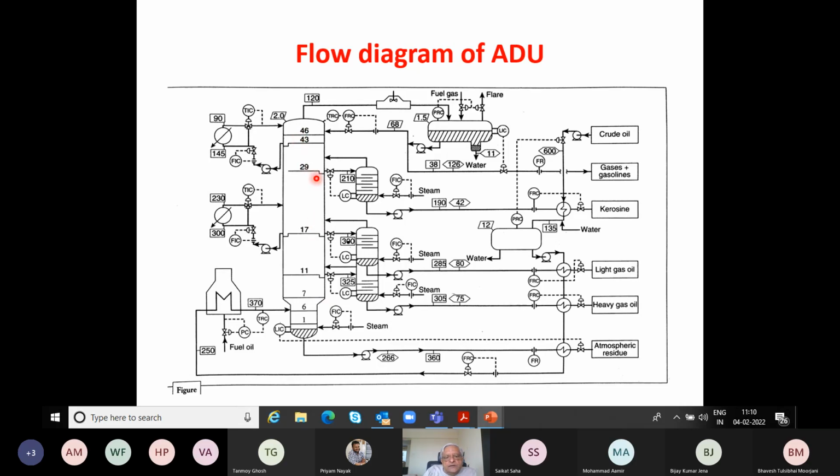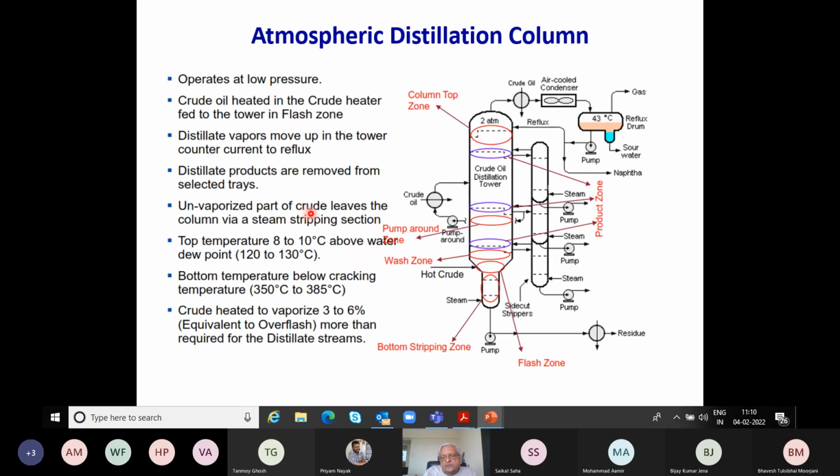And then I told you how this crude column is different as compared to the columns that you have studied in the mass transfer courses you have taken in your undergraduate class. In order to explain the whole thing, I said that the crude distillation column can be divided into various zones.